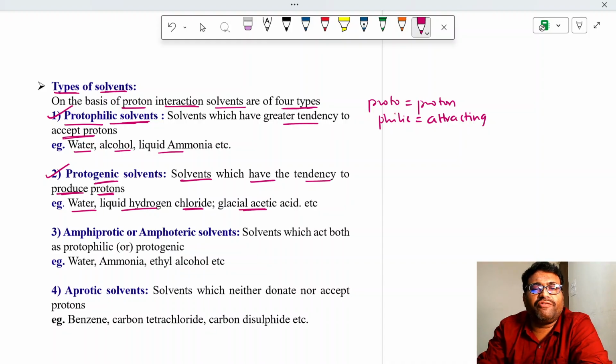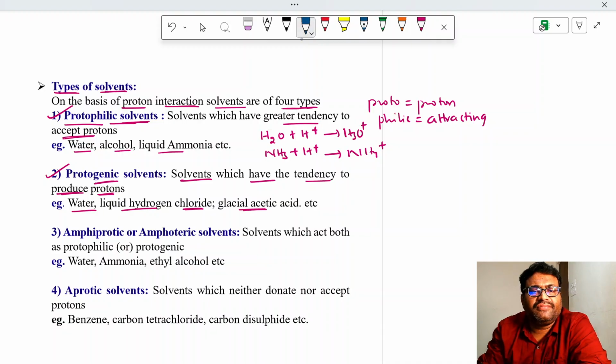Let us take examples of protophilic: H2O plus H plus converts into H3O plus, NH3 plus H plus gives NH4 plus. Here water releases H plus to convert into OH minus plus H plus.